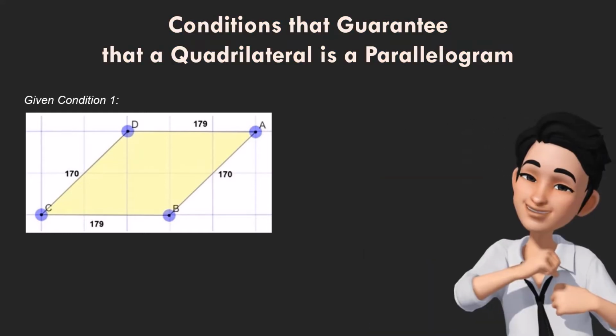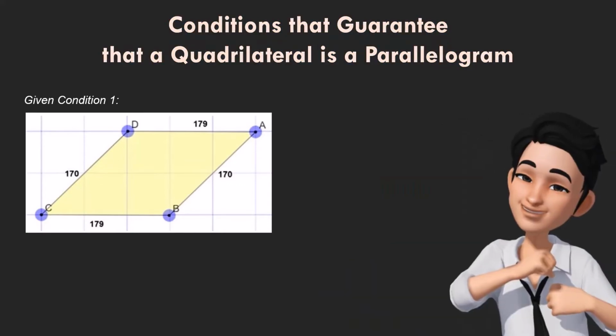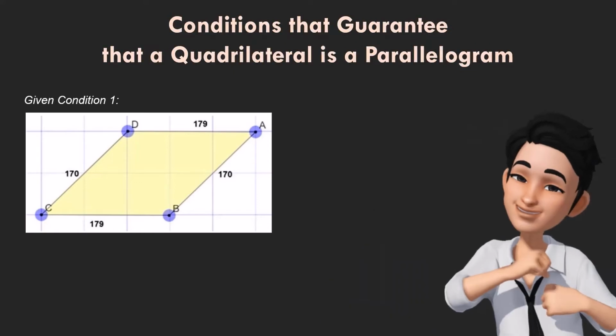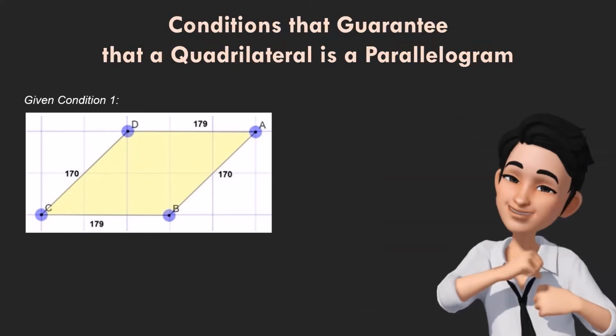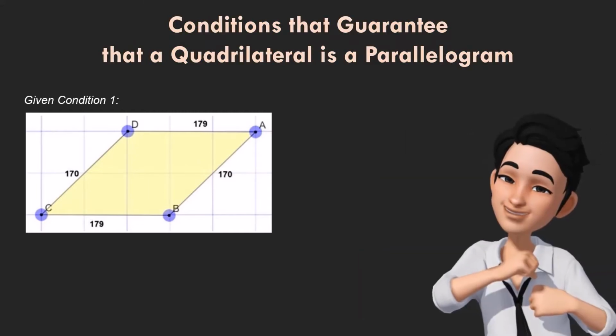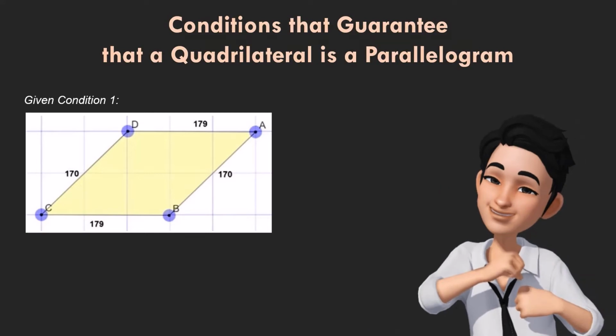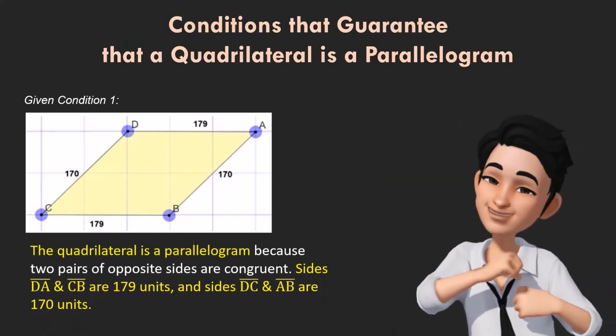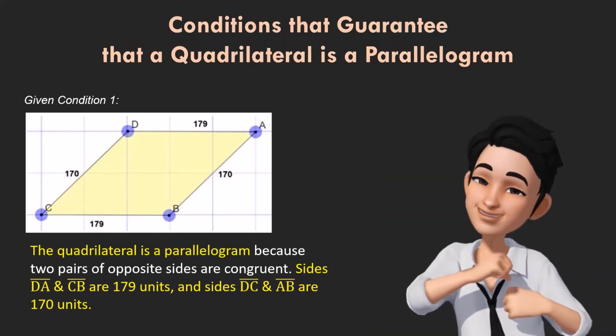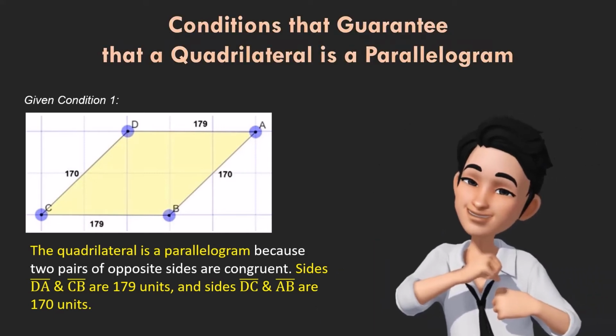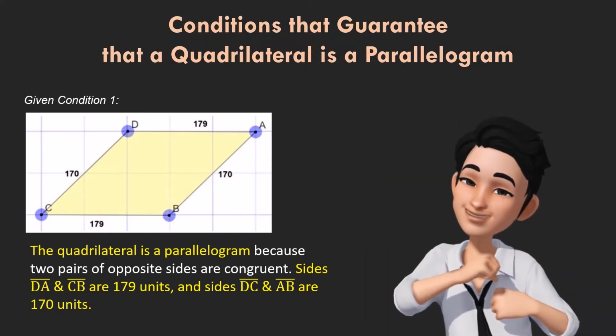Why? Can you tell me what property we could use to justify this? Alright, we can use parallelogram property number 1. The given quadrilateral is a parallelogram because two pairs of opposite sides are congruent.